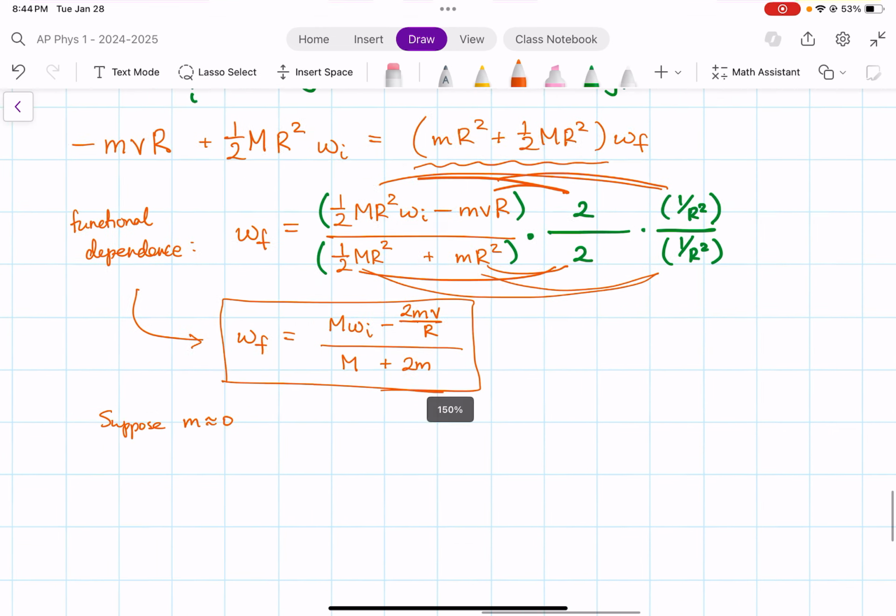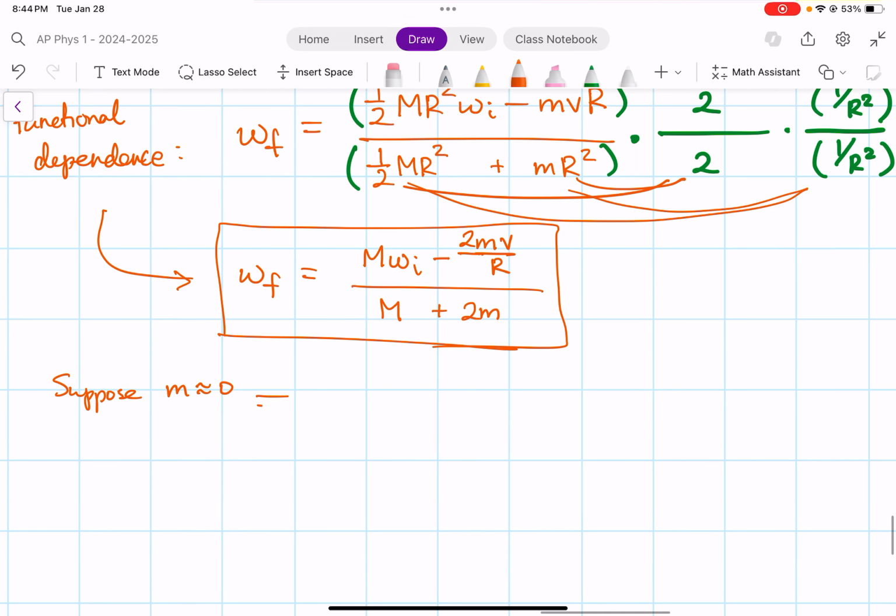That grain of sand is barely going to affect it. So if the mass of the man is approximately 0, then we should expect the final angular velocity to be the same as the initial. So let's plug that in. We would get minus 0 over big M plus 0. Well, notice big M omega I over big M is omega I.